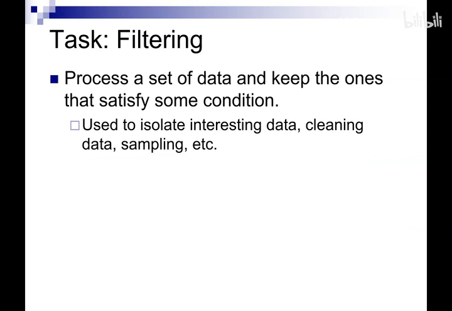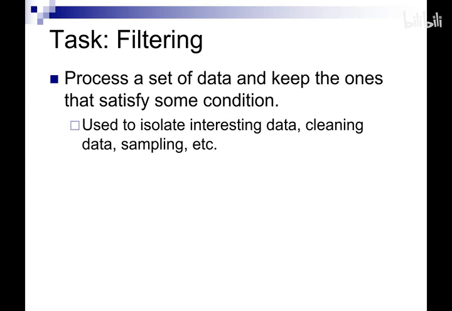The first problem that we try to solve is filtering. Here we initially have a big set of data, and we want to keep a subset of that data which satisfies some condition. Let's say you have a bunch of numbers, and you just want to keep all the numbers which are above a certain value. This has a bunch of applications.